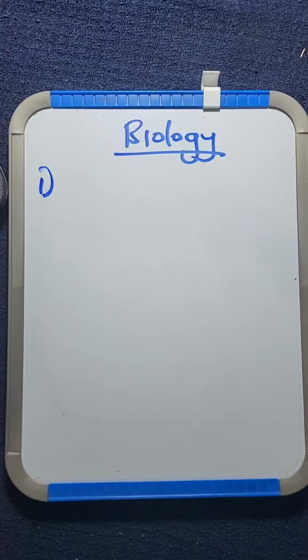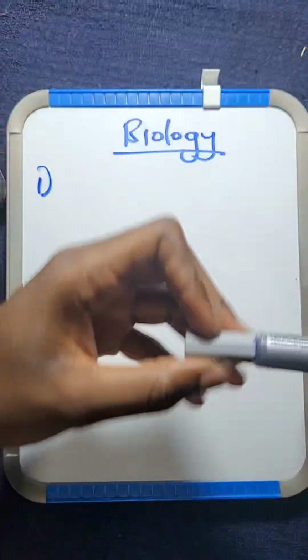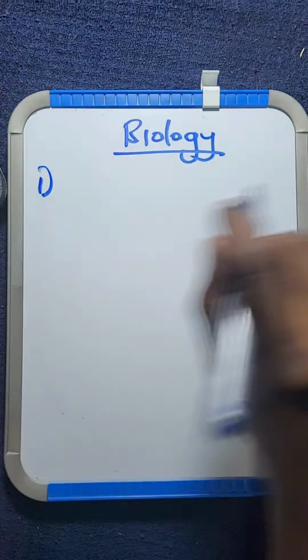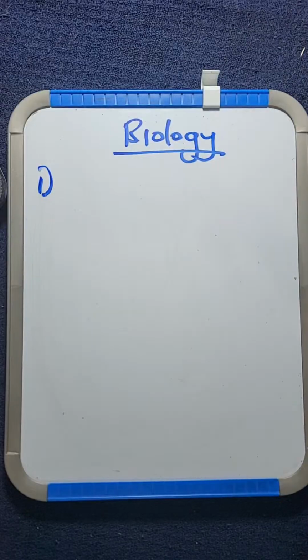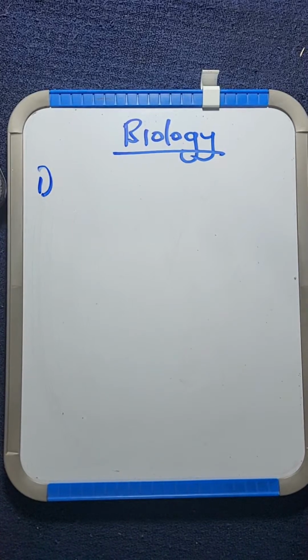What is the transport system made up of? The one which is found in animals.